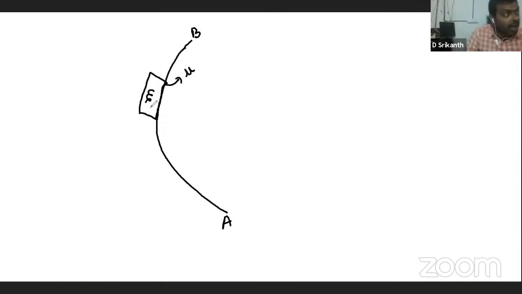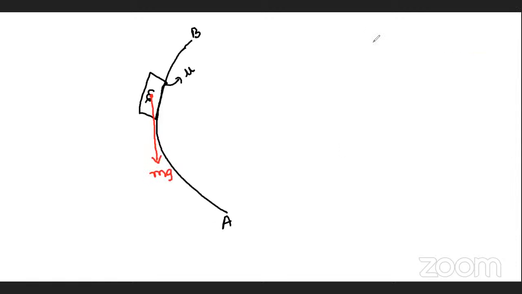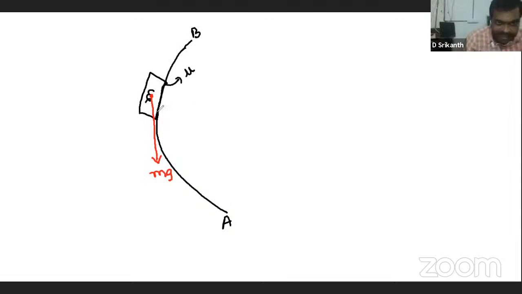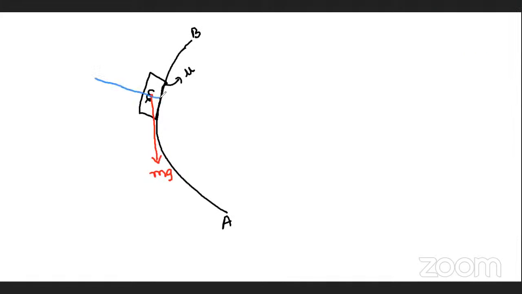From the center of the object, vertically downwards, what force will we have? Weight. Here the object is in contact with the surface, so we are having a force, the normal force.